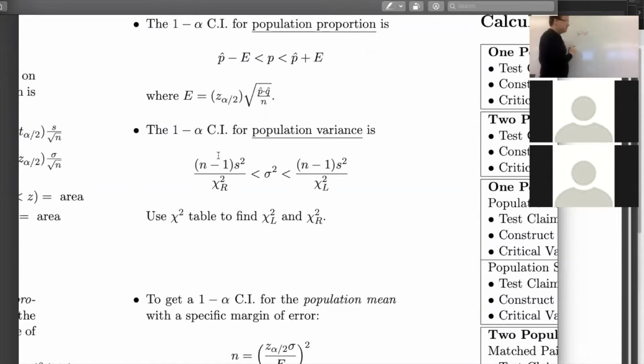Can you see that? Is that too small? It seemed to be too far. Okay, I'll try and write bigger. I'll use a darker color too.